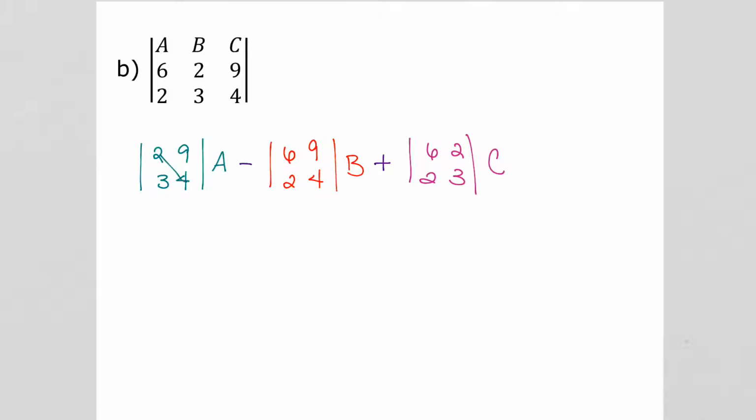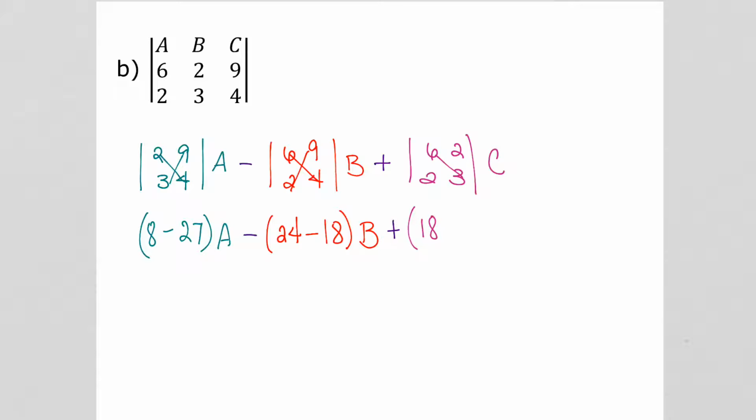Then 2 times 4 is 8, minus 9 times 3 is 27. Six times 4 is 24, minus 9 times 2 is 18, plus 6 times 3 is 18, minus 2 times 2 is 4, c.